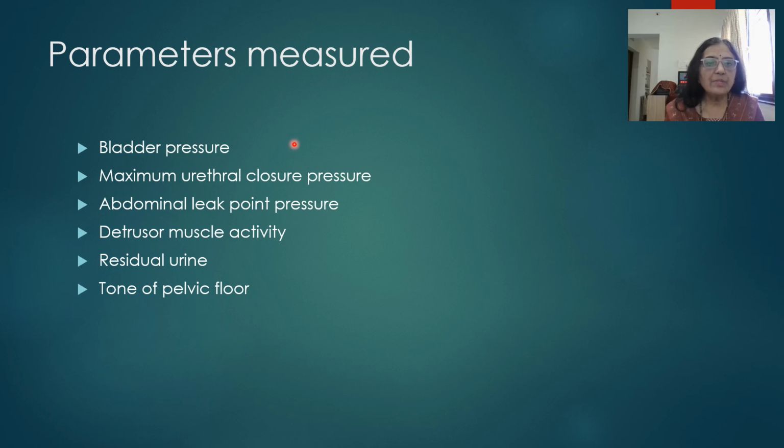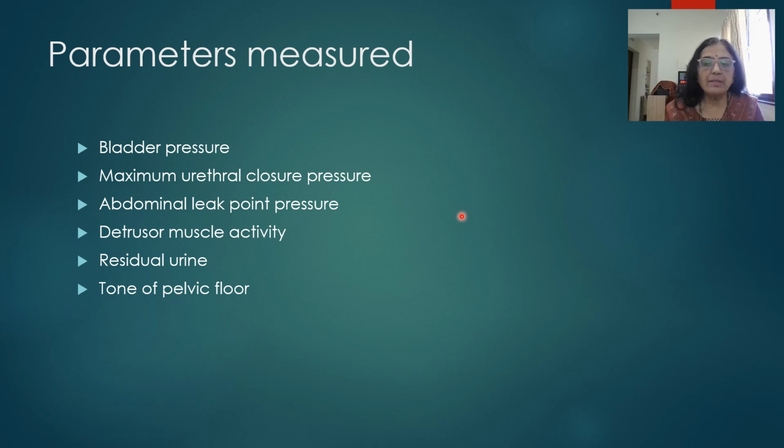The parameters which are measured are the vesical or bladder pressure, the maximum urethral closure pressure, the abdominal leak point pressure, the detrusor muscle activity during incontinence, whether detrusor muscle activity is seen graphically or not, the residual urine volume, and the tone of the pelvic floor.